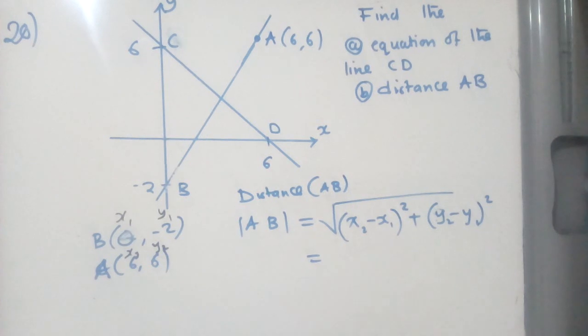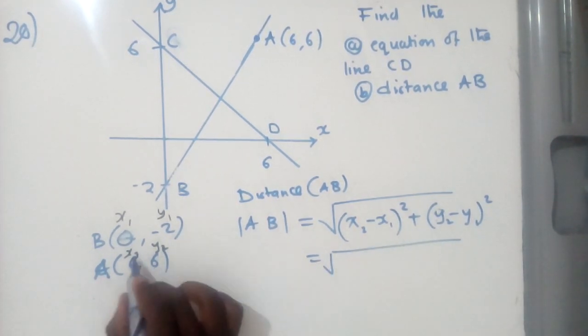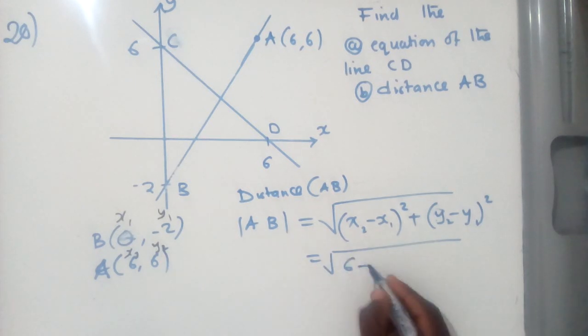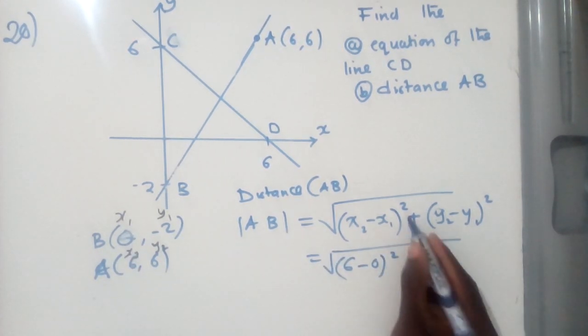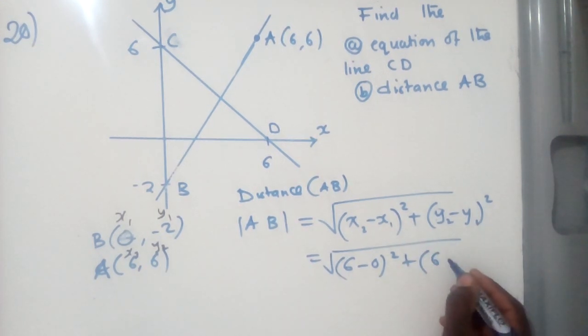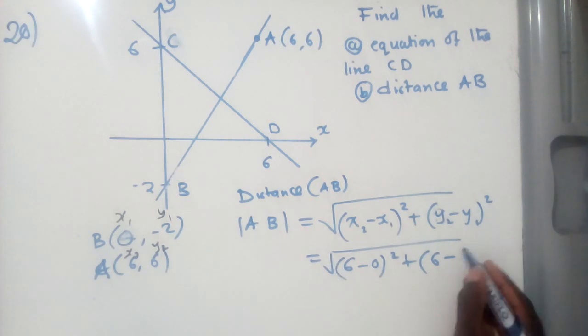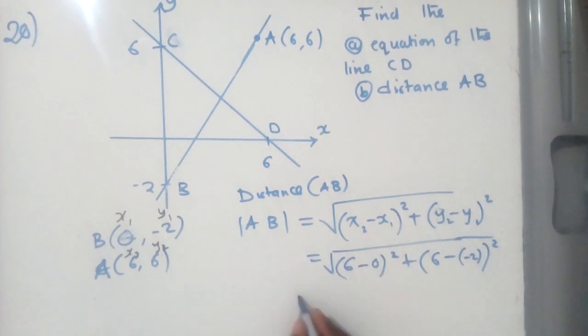We plug in our formula here. x sub 2 is 6 minus x sub 1 is 0, squared. Don't forget the power. y sub 2 is 6 minus y sub 1 is -2. Put it inside brackets because of the negative.